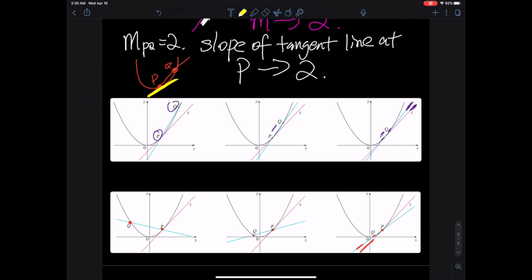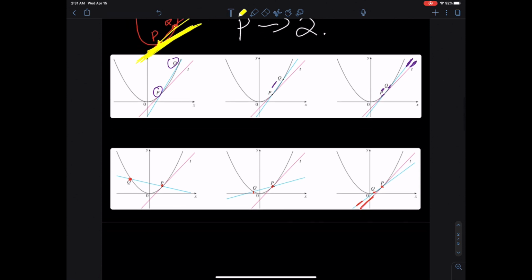Picture this, P shifts over to Q. Do you see that these 2 intersections become 1? So we have one intersection. One intersection means this straight line is touching the parabola exactly 1 time. That straight line is called a tangent line. So this is the idea of the tangent line and the secant line.